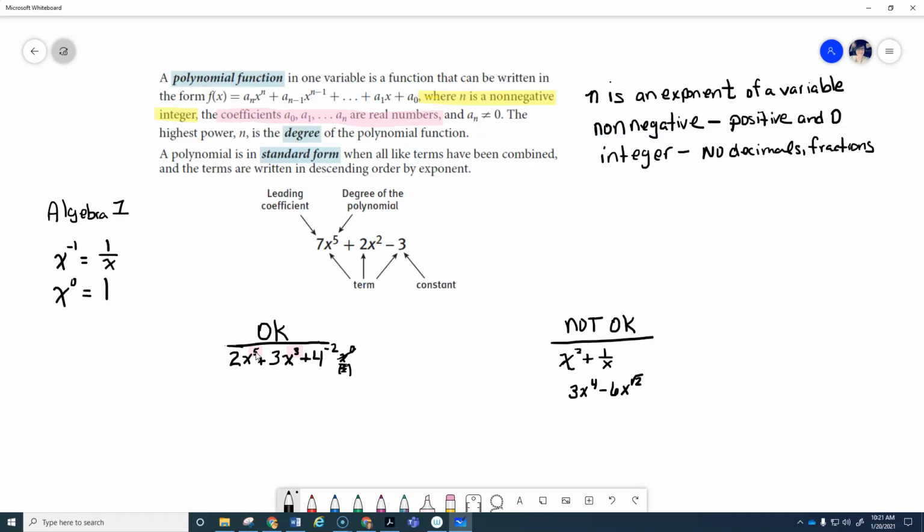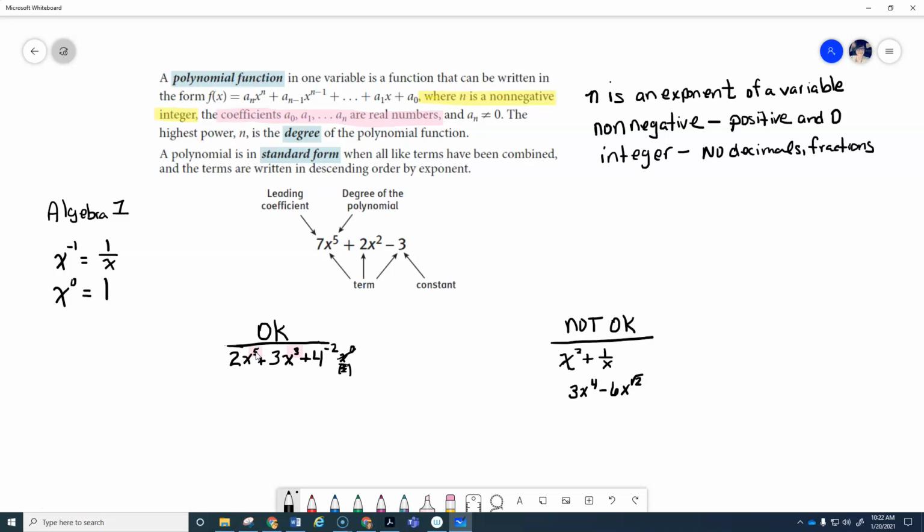So just remember, if it appears that it doesn't have a variable, it really does. The variable just has an exponent of 0. That may help you in later problems. But this thing right here is okay because this negative exponent is not on a variable. It's on a number.